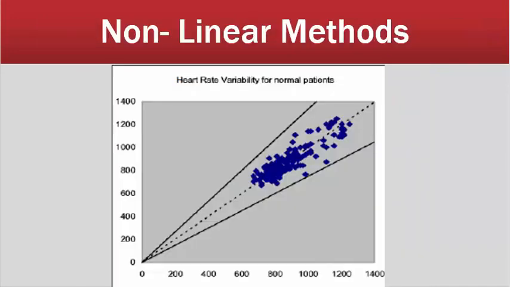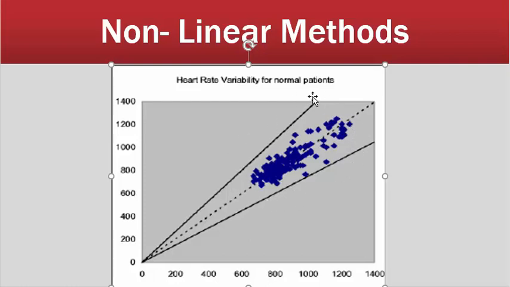So let's see what the non-linear method is. Basically it's a different kind of analysis. We want to see how the heart rate is changing from a different perspective. In this case we see the heart rate variation, and the shape of the distribution of the heart rate.